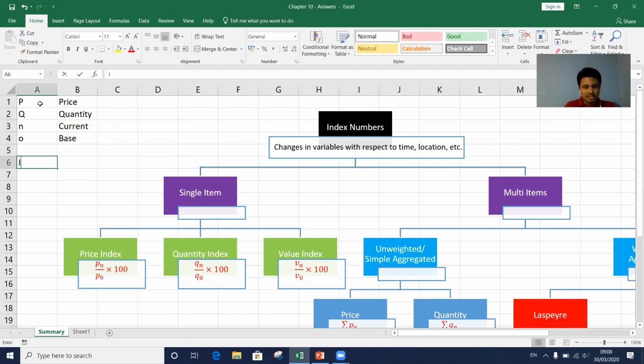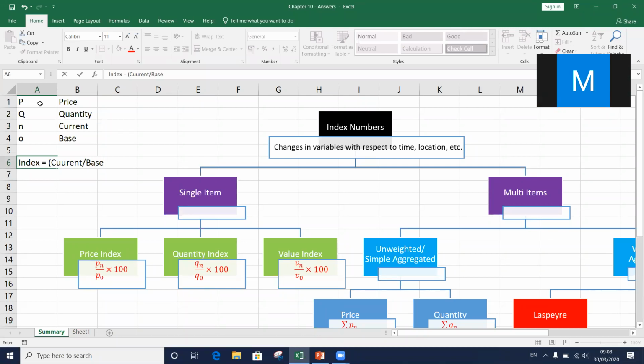So in an index, what always happens? The current year figures are divided by the base year figures. Current year prices divided by base year prices. Here, current year quantities divided by base year quantities.